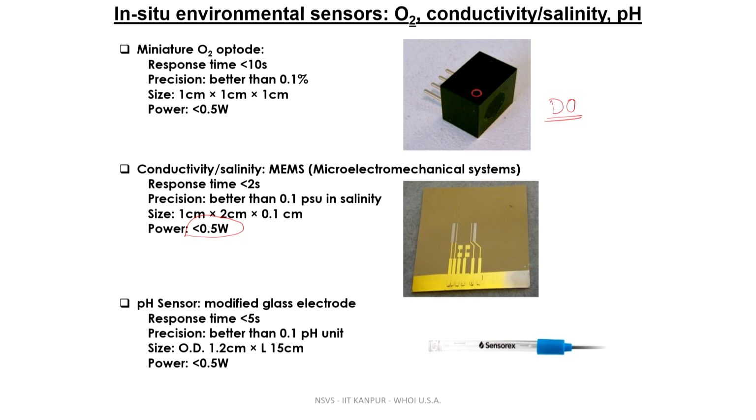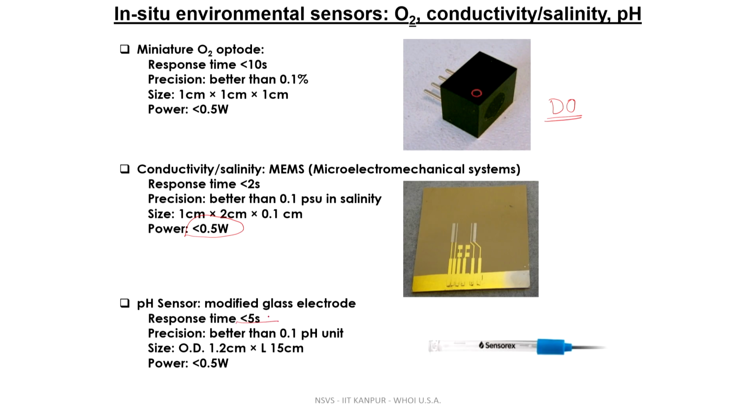We also then need a pH sensor, because pH sensors can sense the acidity of the water. So if there is highly acidic water, that would also indicate that there is a high degree of pollution happening in the system. The pH sensor's response time is about 5 seconds.